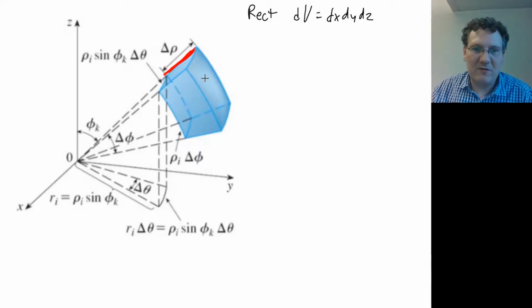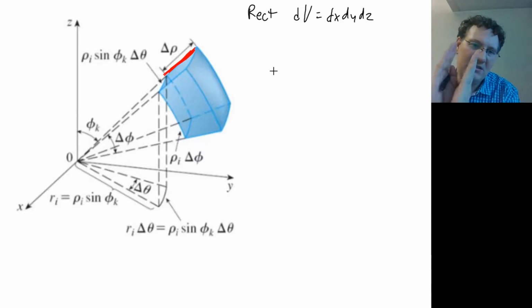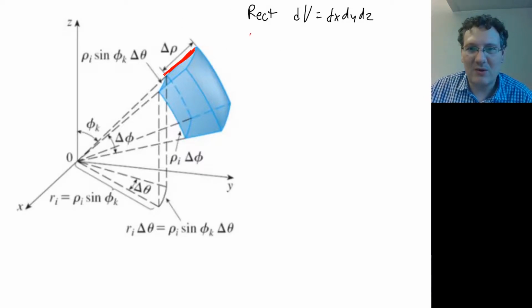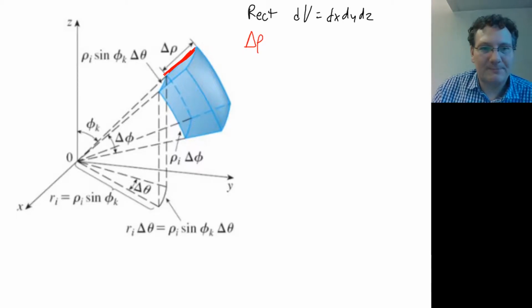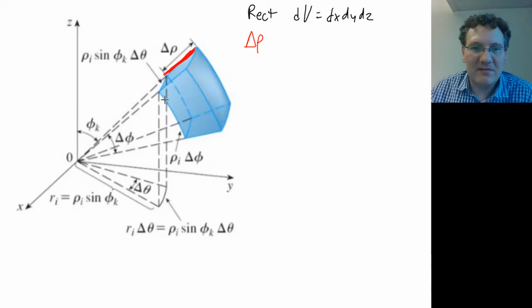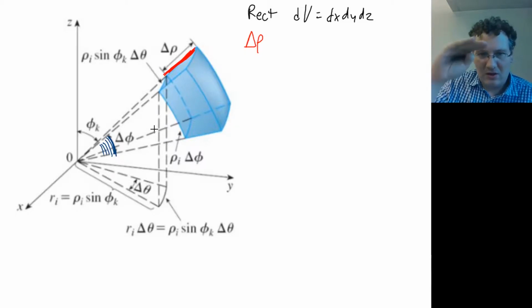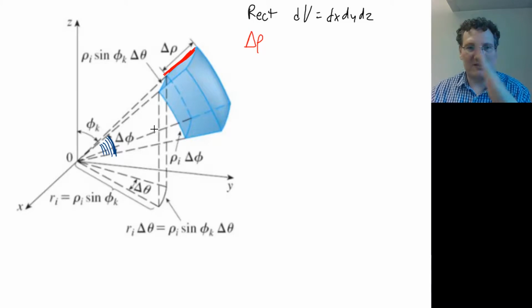So the first one is straightforward. The distance between the inner boundary of this layer and the outer boundary is just a change in rho. So delta rho is the first piece. The second piece: phi is how you change the angle from the z-axis.